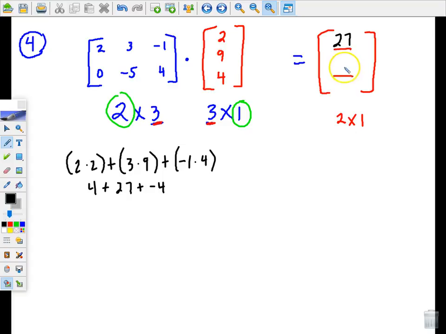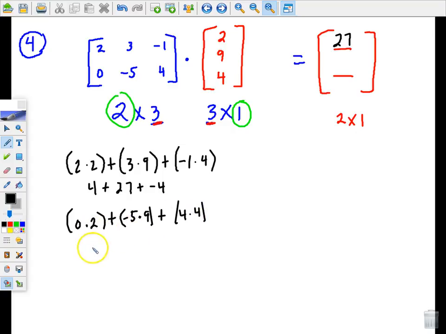Okay, now let's work on row 2, column 1. So row 2 from the left matrix times column 1 of the right, and just match them up. First ones, 0 times 2, plus, now do the second of each, -5 times 9, and now do the third ones, 4 times 4.